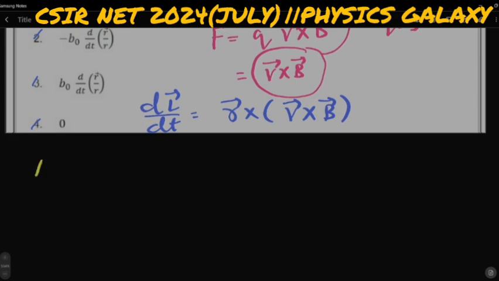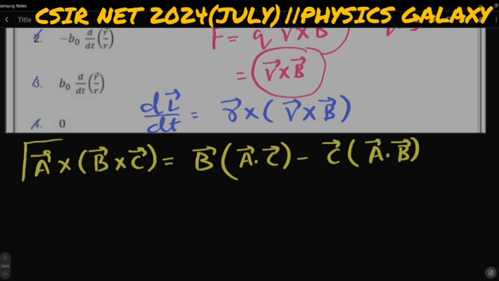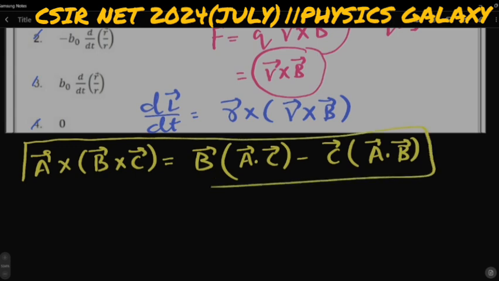If we have a cross b cross c, we can write it as b vector times a dot c minus c vector times a dot b. Okay, so this is our triple cross product rule.